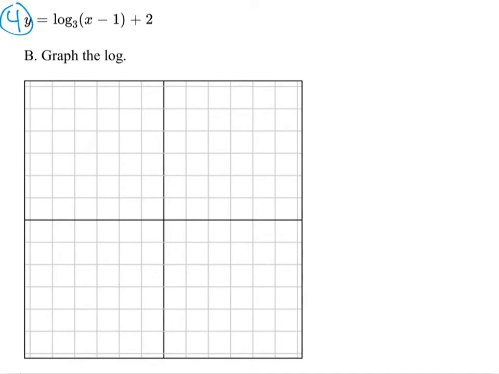So how do we graph it? Let's make an XY chart. Now remember, the x that makes the inside of a log 0 is the vertical asymptote. So what is that? It's going to be 1, isn't it?